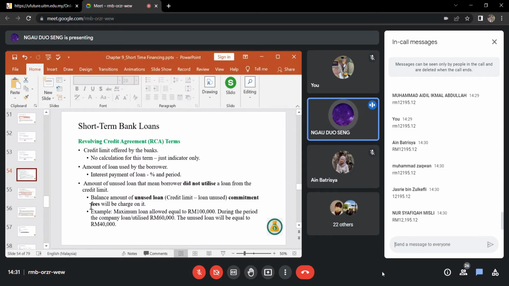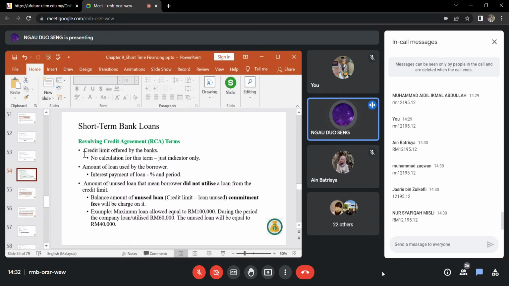So the balance of unused loan, or credit limit minus loan used, they will charge you commitment fees on it. For example, maximum loan allowed equals 100,000. During the period the company utilizes 60,000, so the unused loan will be equal to 40,000.